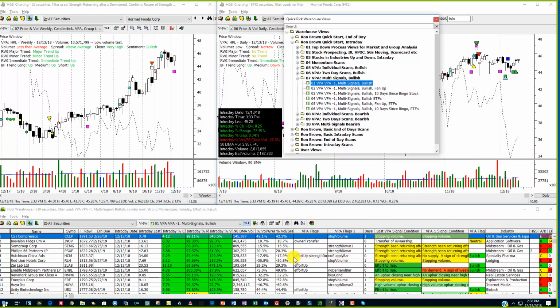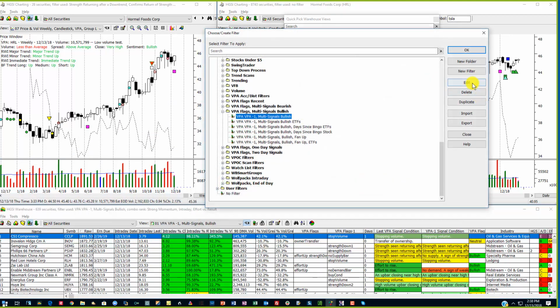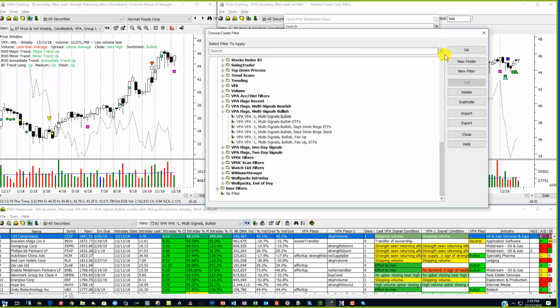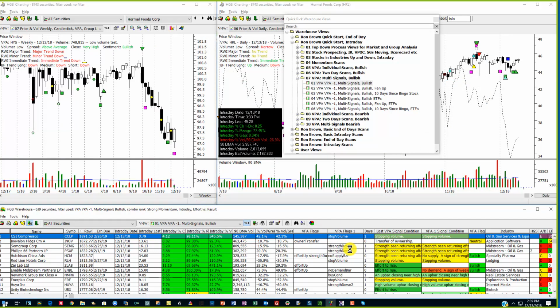The way I set this up, and I've talked about this before, but I think I better review it: if any of these bullish flags occur on either day, then they're going to appear through this screen.